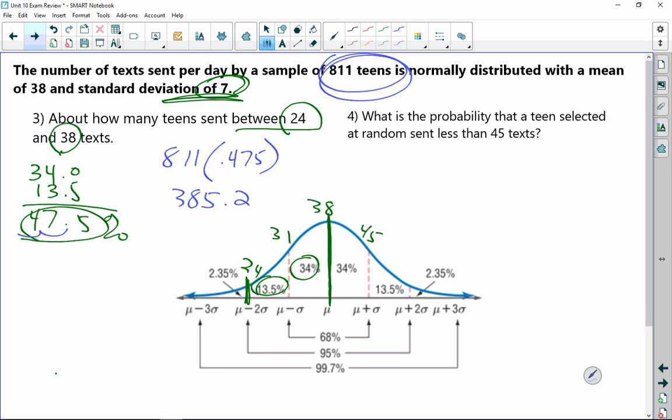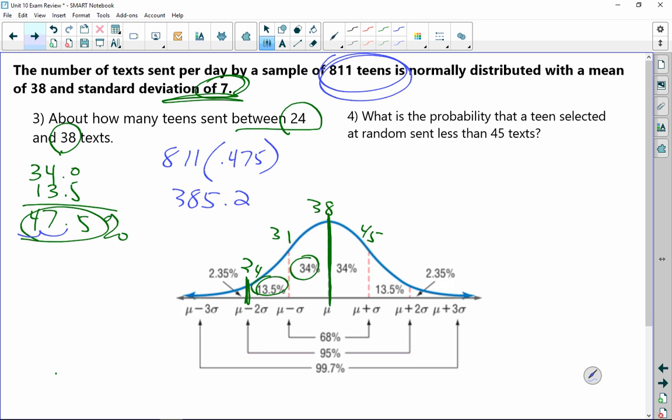Okay, now, let's talk about this, because that's not going to be one of your answer choices on the test. Now, why is it not going to be one of your answer choices? Okay, but we're talking about people. You've got to round up or round down? You got to round up.